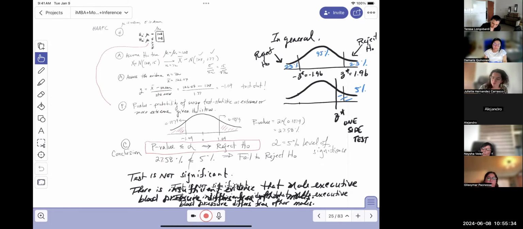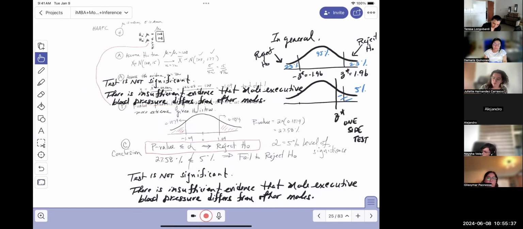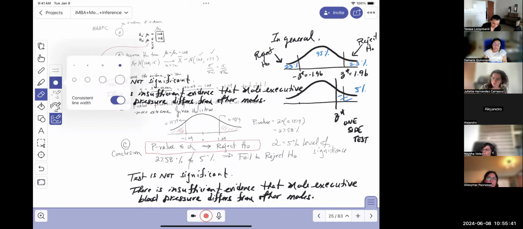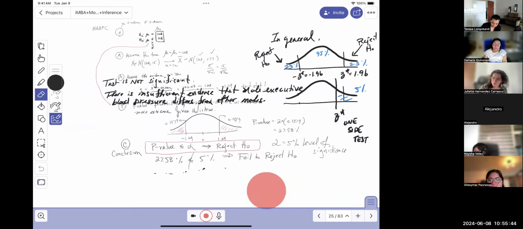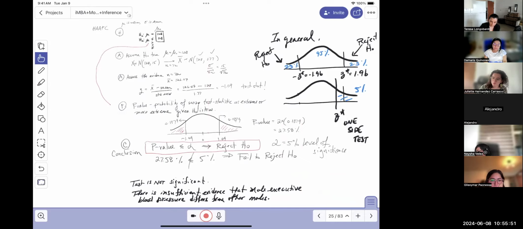I haven't mastered controlling the size of the pen. Okay. Questions? No questions?